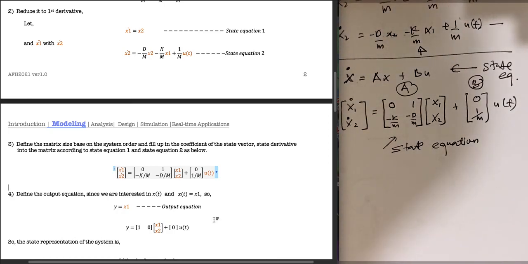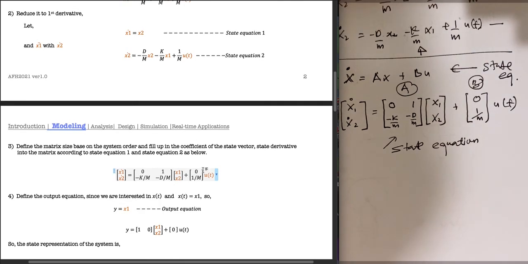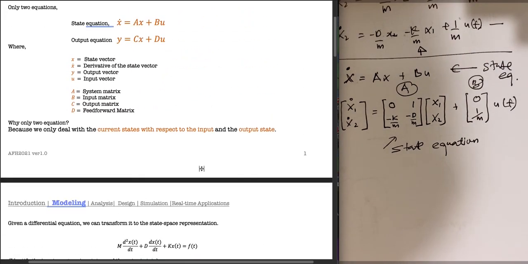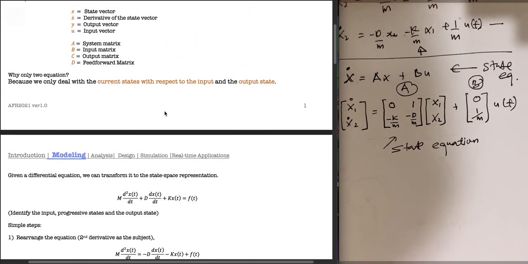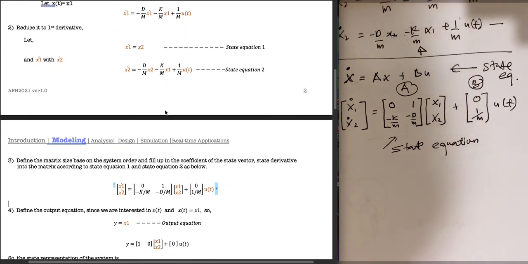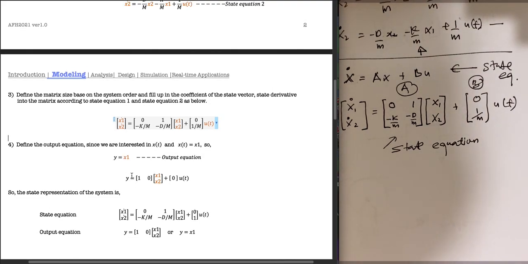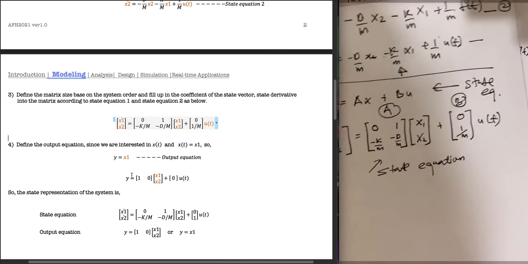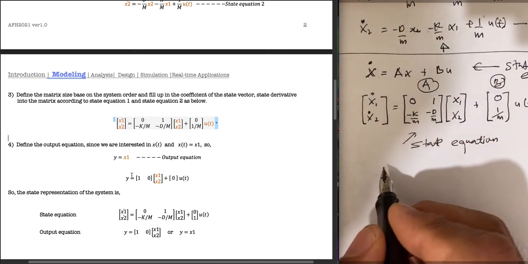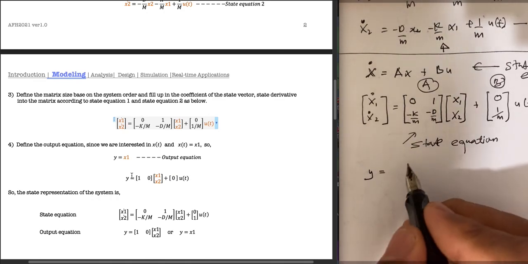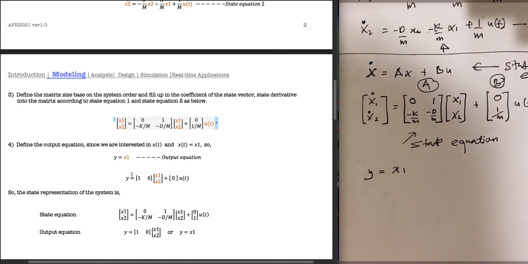Then we need to find the output equation, which is y equal to Cx plus Du. So we know that from our model, x1 is our output. So our output y equals x1. So we need to write it in matrix form.